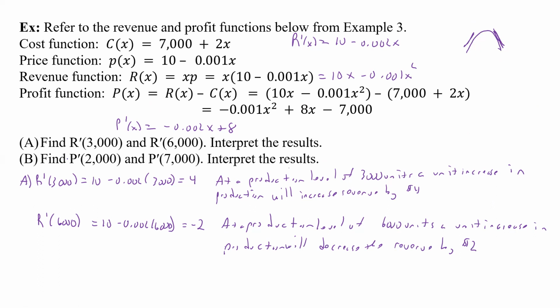All right, so now we want to look at the marginal profit at 2,000 and 7,000. So let's go to the next page because I don't think we'll have enough room to write that. So P prime of x again was negative 0.002x plus 8, and we wanted P prime of 2,000. So if we plug that in, plus 8, that's going to actually give us a 4 again.